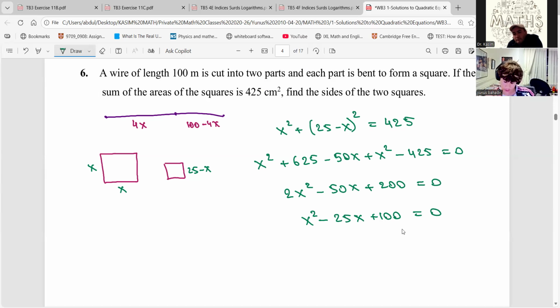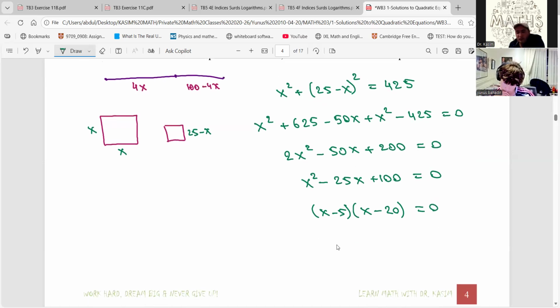Negative 20 and negative 5. So it is x minus 5 and x minus 20 equal to 0. From here, the solution is either x equals 5 or x equals 20.